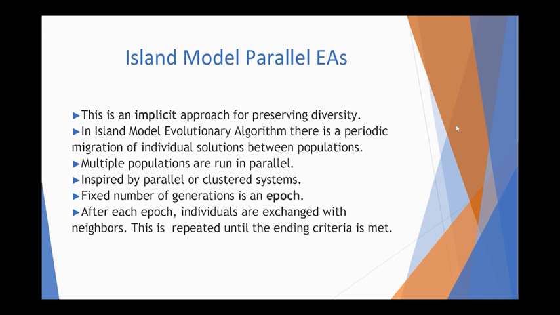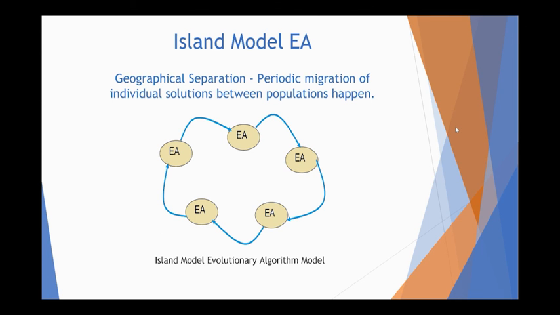In an island model, a fixed number of generations called an epoch are run simultaneously, and after each epoch, individuals are exchanged with neighbors. This is repeated until the ending criterion is met.